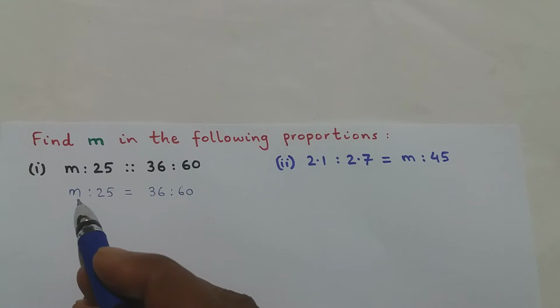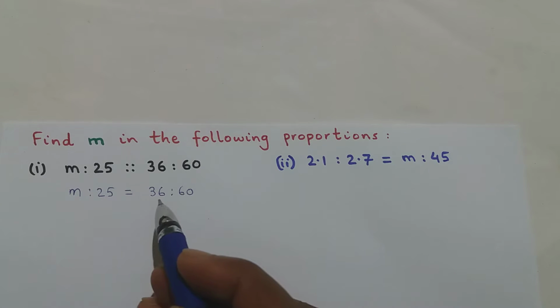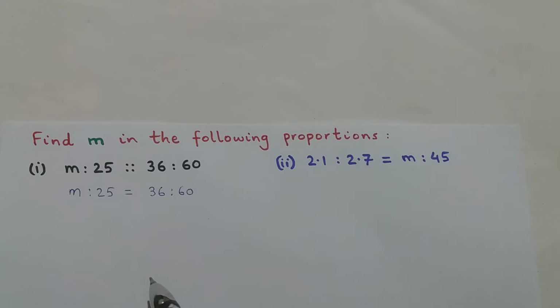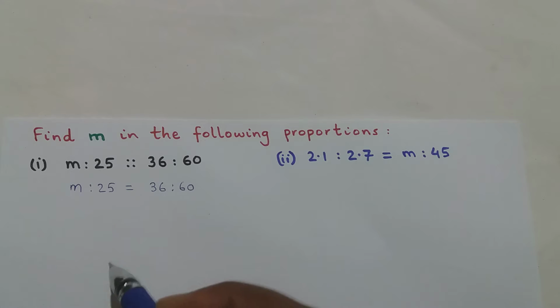So it becomes m is to 25 is equal to 36 is to 60. And now we have to find the value of m.